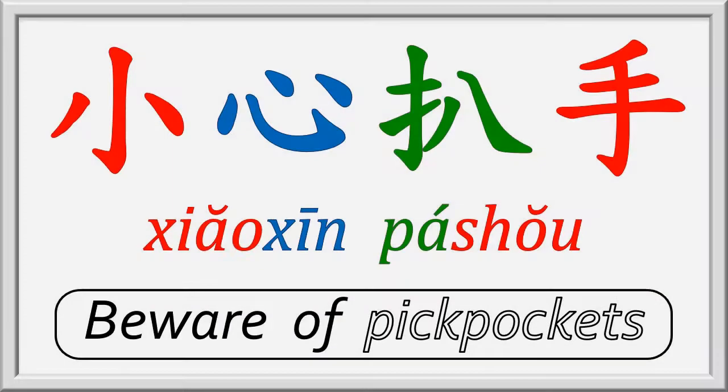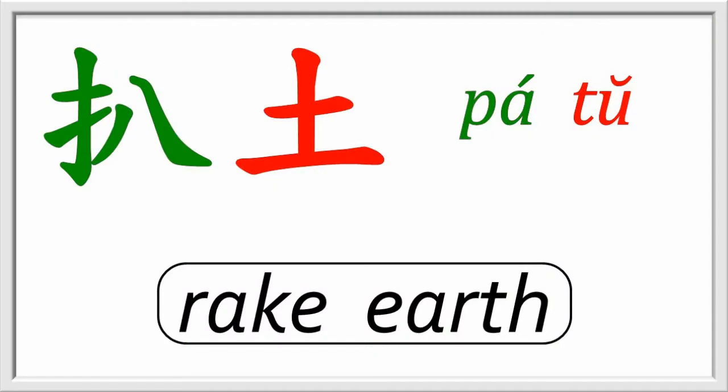A common sign I used to see on the Hong Kong ferry was this: 小心扒手, beware of pickpockets. This second tone pa pronunciation can also mean to use a rake to rake up leaves, grass, or dirt, as in 扒土, and to describe someone shoving rice into their mouths, obviously in a hurry to leave.